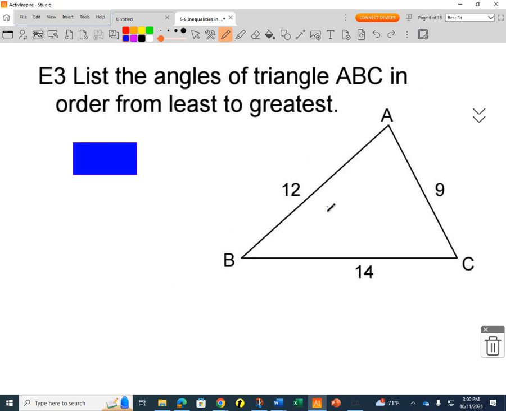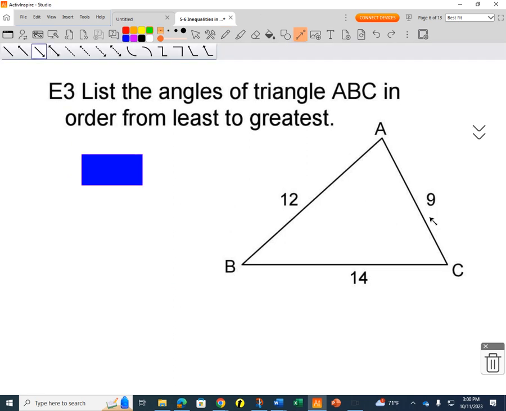Example 3, list the angles of triangle ABC in order from least to greatest. So, looking for the shortest side. So 12, 9, and 14 are the measures, so 9 is the shortest side. So now I know that B is the smallest angle.